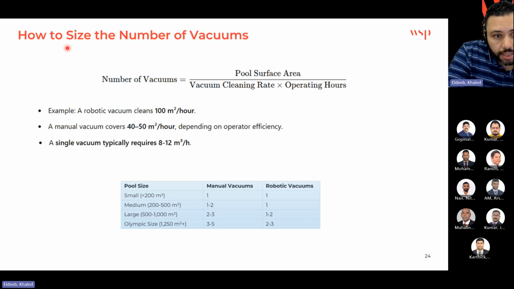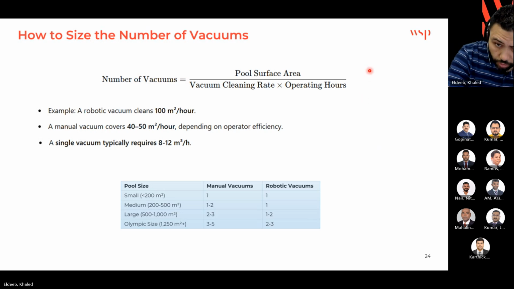How to size the number of vacuums? I'm talking here about the manual, because this is the one that needs a specific design. If it's connected to the skimmer, fine, if we have a skimmer type. If we don't have a skimmer, like overflow, and we have to provide a vacuum port, we have to size it properly and calculate it. The number of vacuums should be calculated based on the surface area and the flow rate for every single vacuum port times the operating hours.